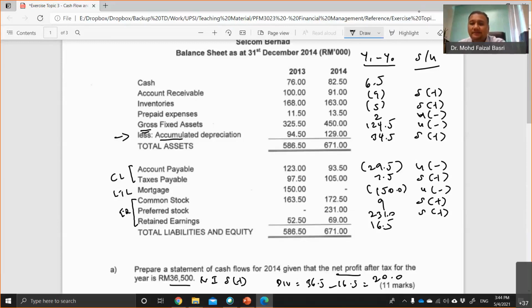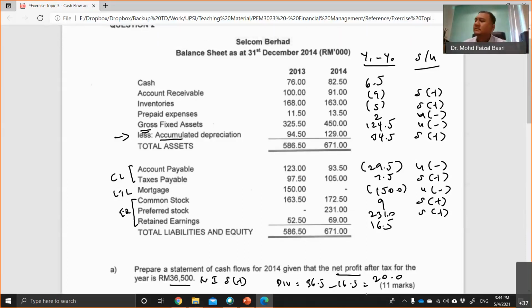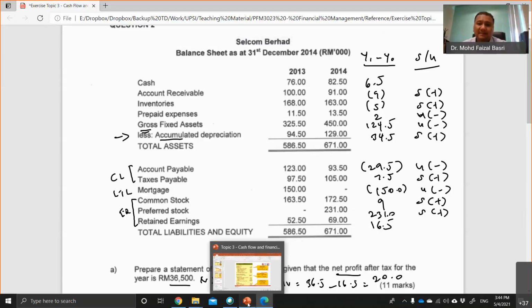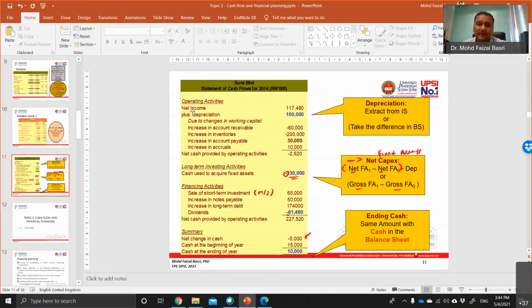That's our information. Once you have the information, transfer all the relevant information into our cash flow, using this template.